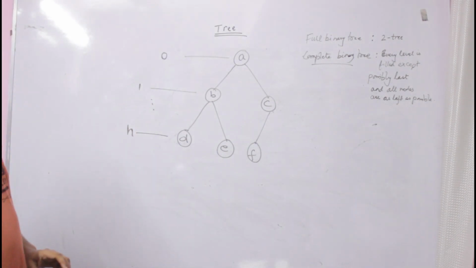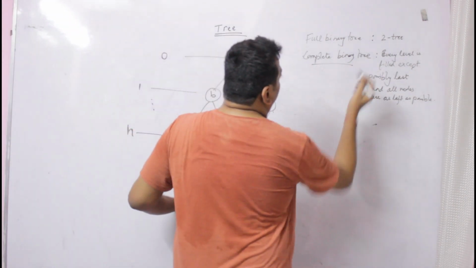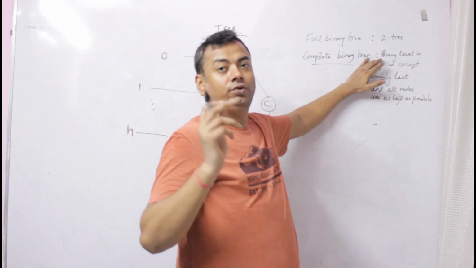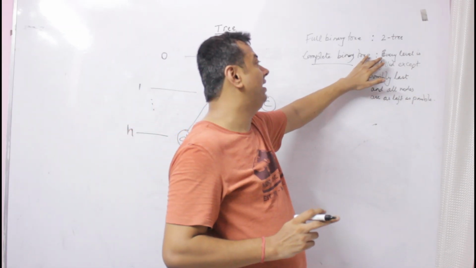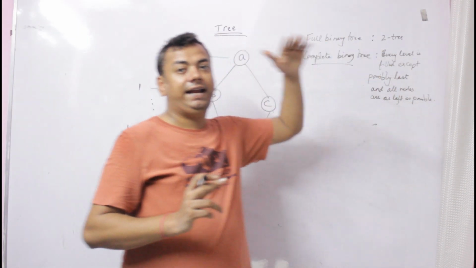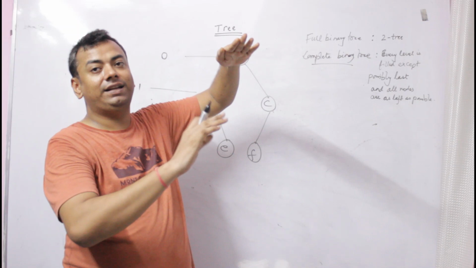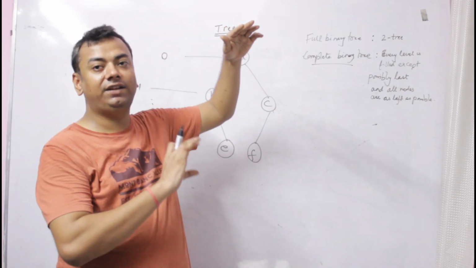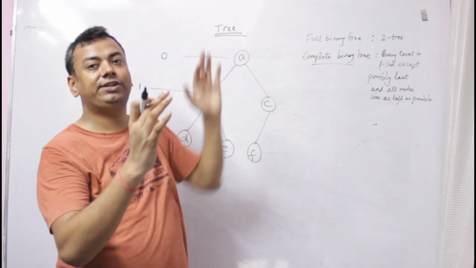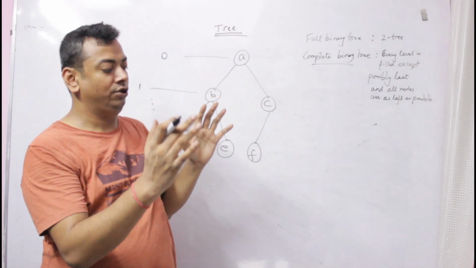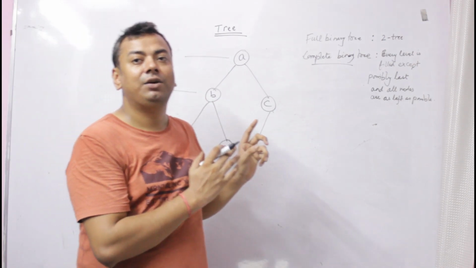Now what about a complete binary tree? What do you mean by a complete binary tree? You should remember, it is a tree whose every level is filled except the last one, and if the last one is filled, the nodes should be as left as possible.